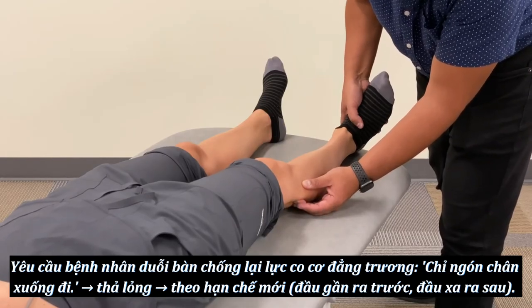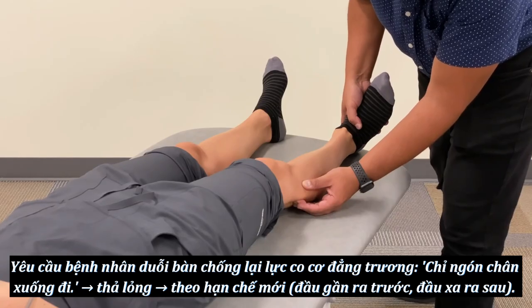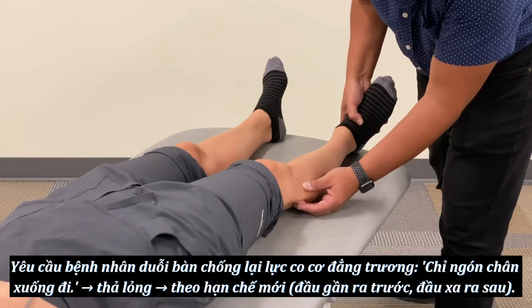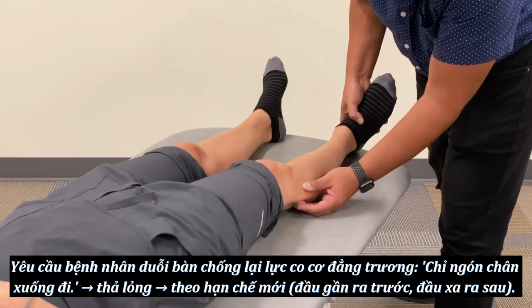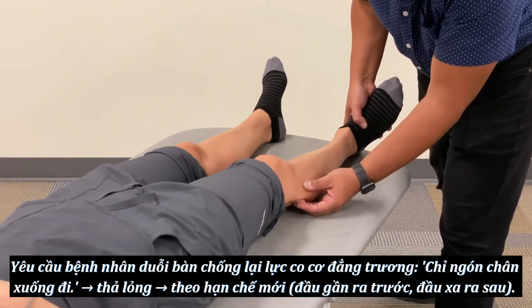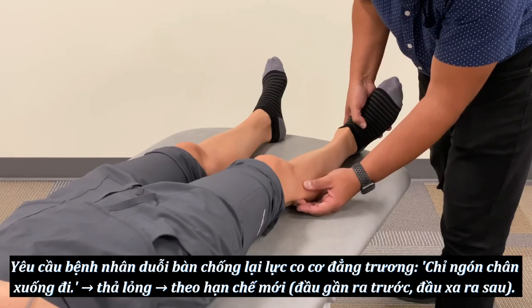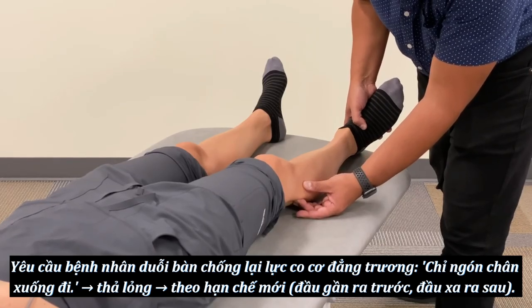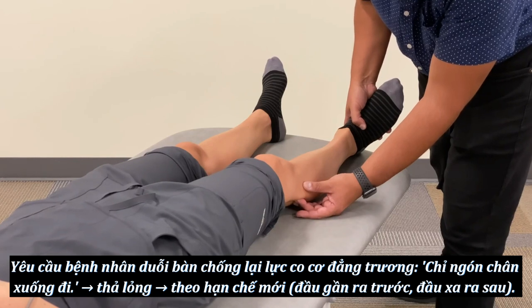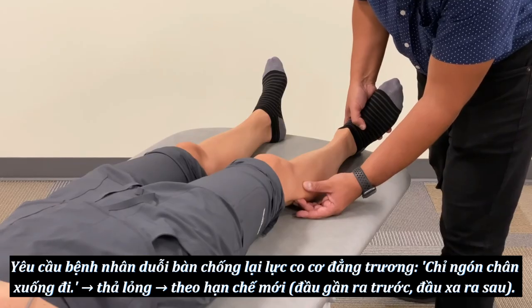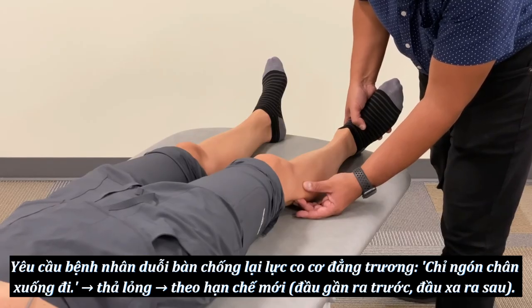We would then ask our patient to plantar flex against an isometric resistance. So go ahead and point your toes as we resist, and then go ahead and relax. As they relax, we relax, and then we follow that fibular head into the next barrier, which would be the fibular head moving anteriorly and the distal fibula moving posteriorly, and we would evert and dorsiflex, and then we would have them point their toes again.